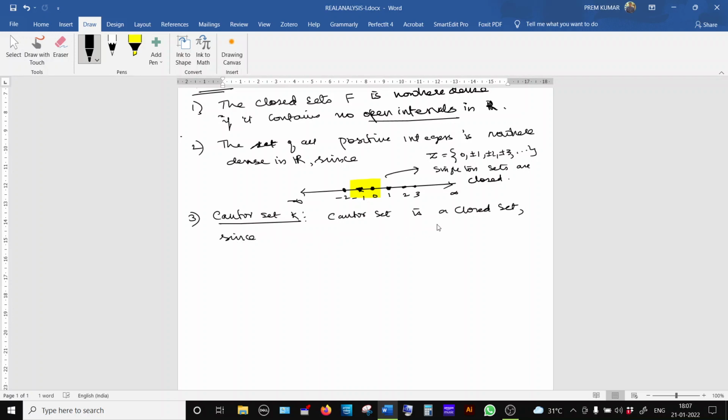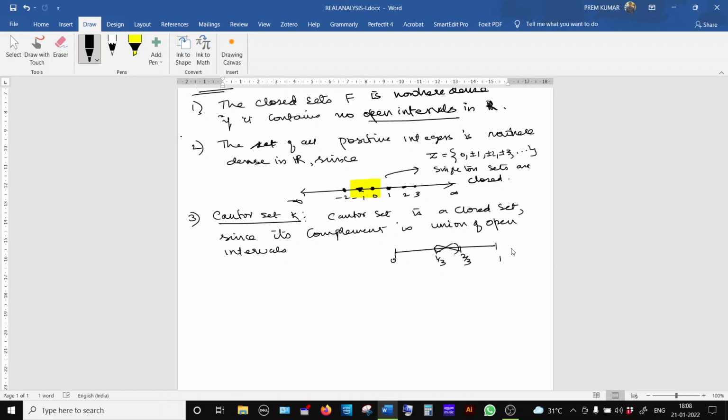Since its complement is a union of open intervals. You can recall how the Cantor set is formed. First in the set from 0 to 1, with points 1 by 3, 2 by 3, the open middle third is removed, and in each step we are removing an open interval.